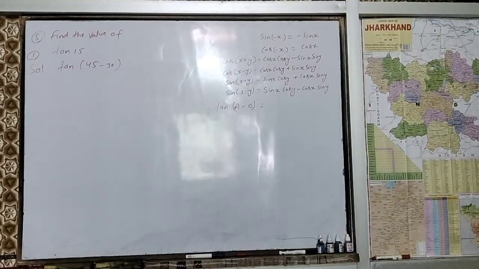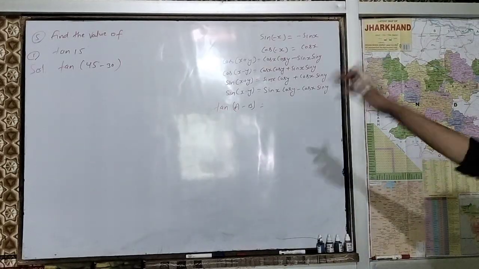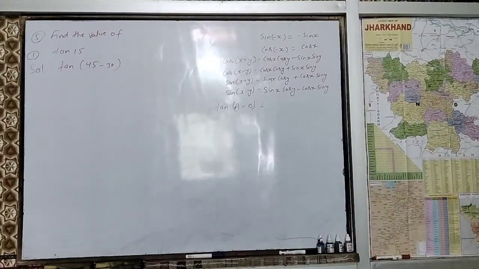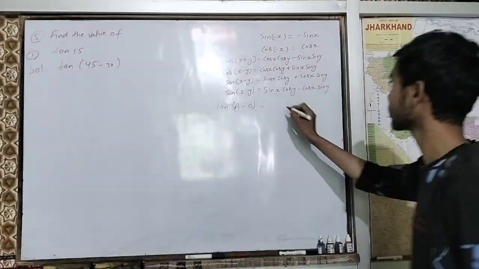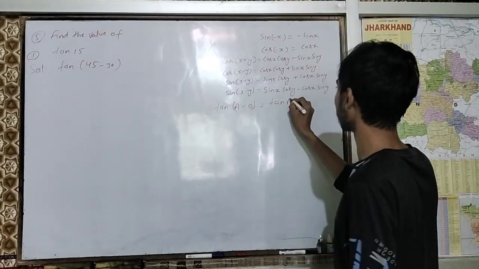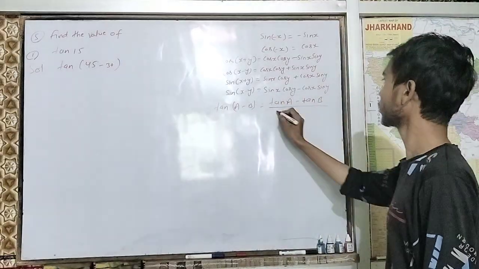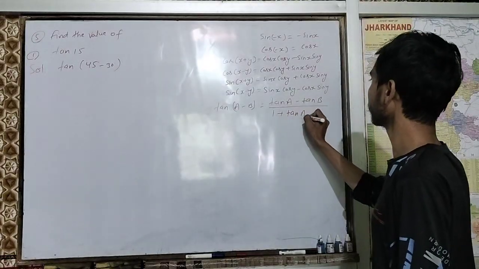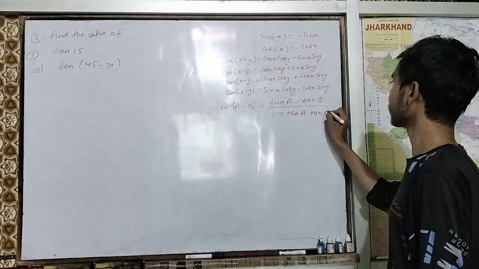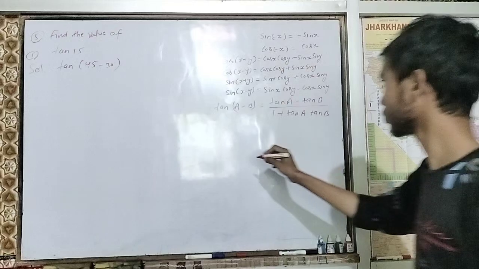So it is nothing but tan A minus tan B upon 1 plus tan A into tan B. This is our trigonometric identity.